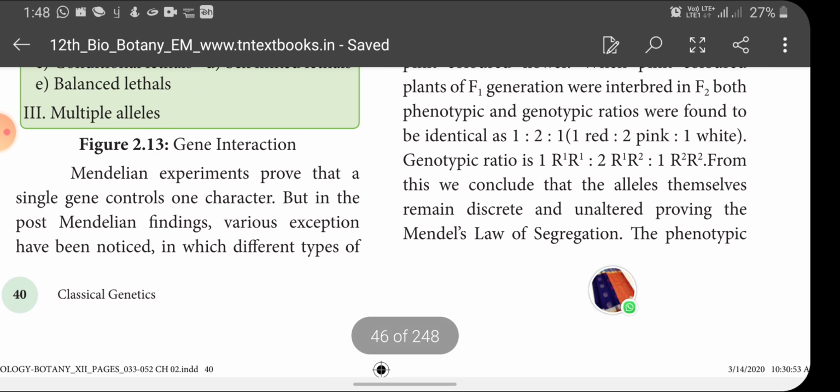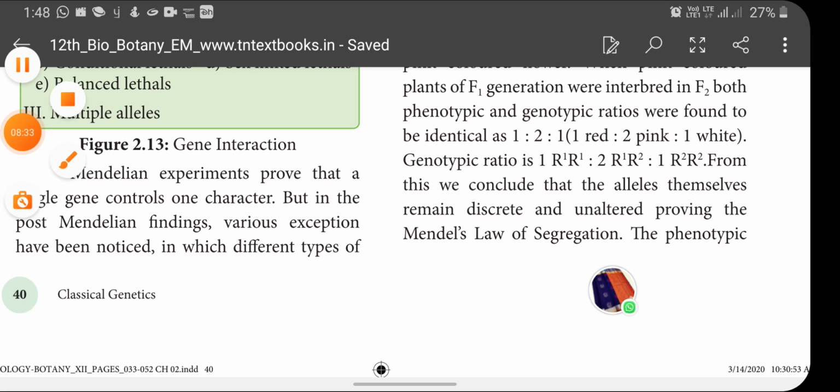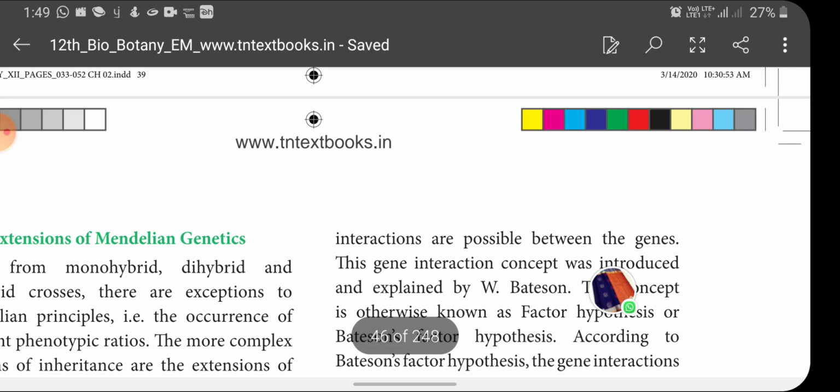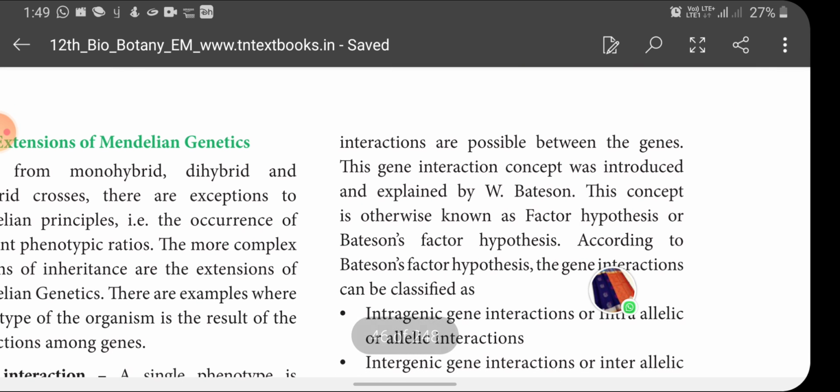Let's enter into the text. Mendelian experiments prove that a single gene controls one character, but in the post-Mendelian findings, various exceptions have been noticed, in which different types of interaction are possible between the genes.